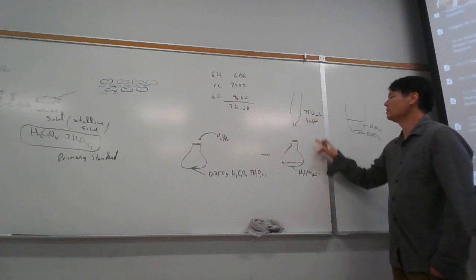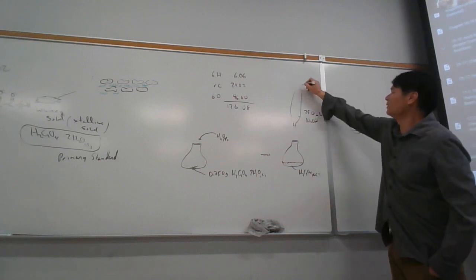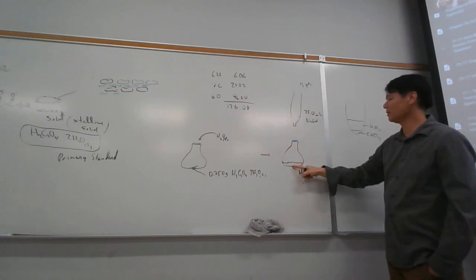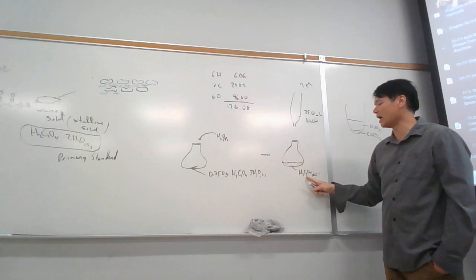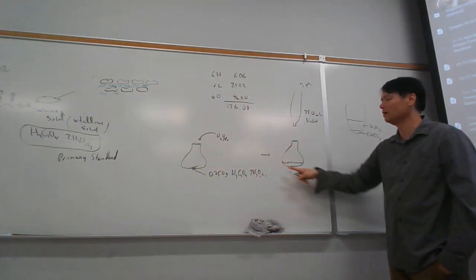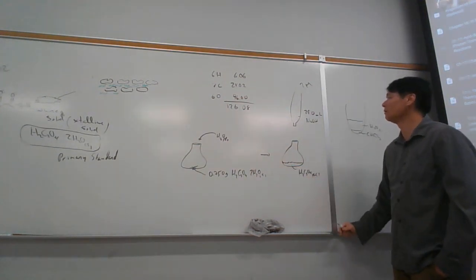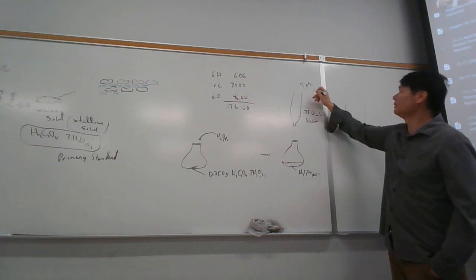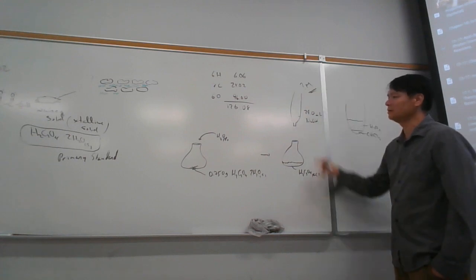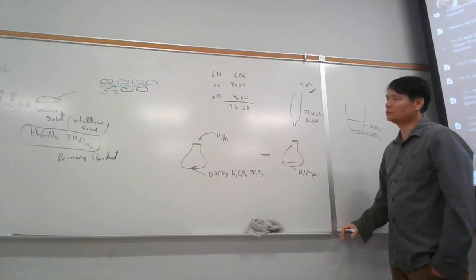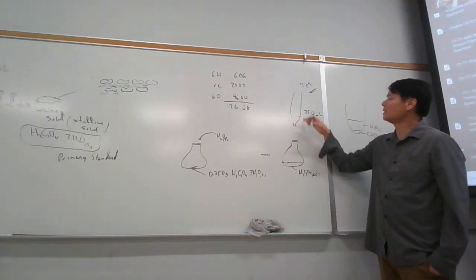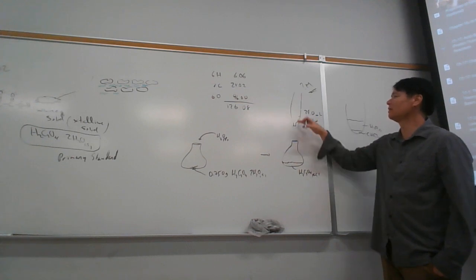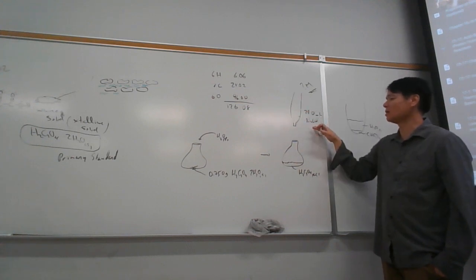But the problem is this is an unknown molarity. Here we don't care what the molarity is because I know exactly how many moles of oxalic acid I have in here based on how many grams I put in here. Here, though, I want to know the molarity. So this is called standardizing sodium hydroxide. You do a 2-part titration in Chem 1A. Day 1 is you standardize the sodium hydroxide, which is figure out what the heck the molarity of the sodium hydroxide is.